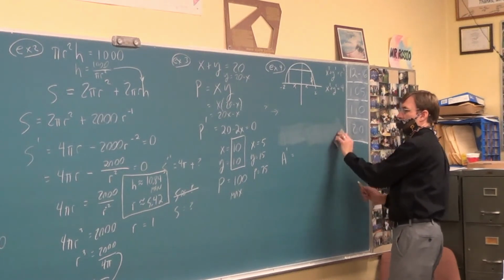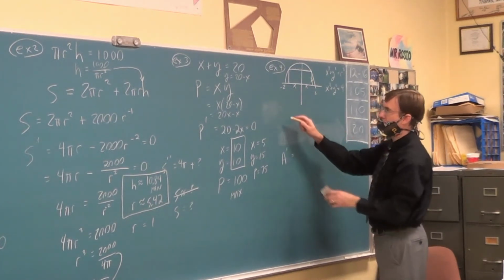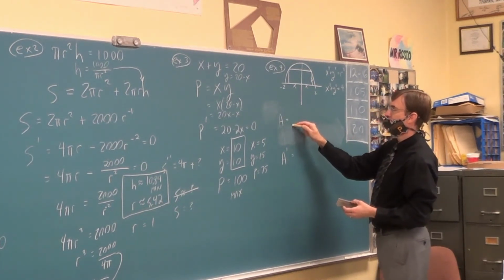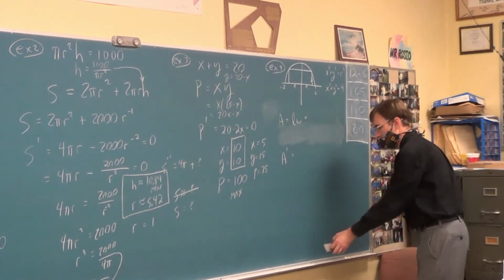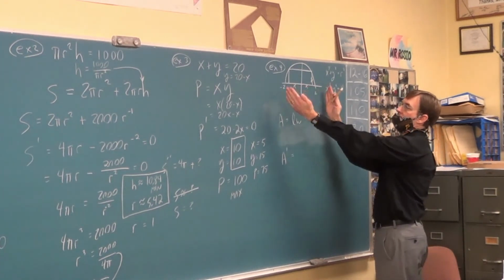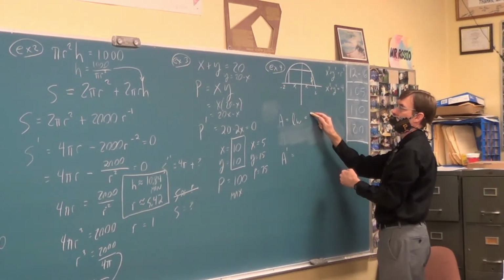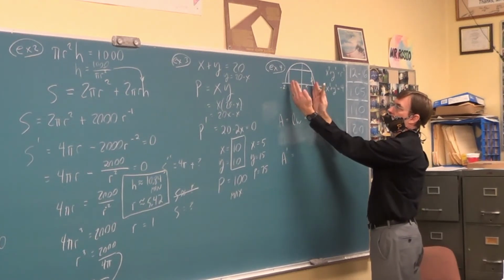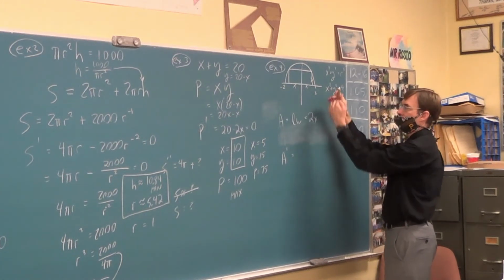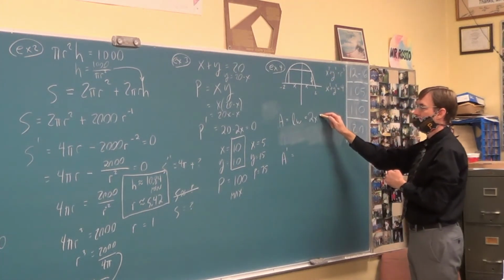I'm going to create myself a little more space. I'm not going to need another equation there, but the area is the length times the width. What's a better name now for the length? Just of the rectangle, not of this, just 2x. 2x is the new length. What's the height of the rectangle? Y.